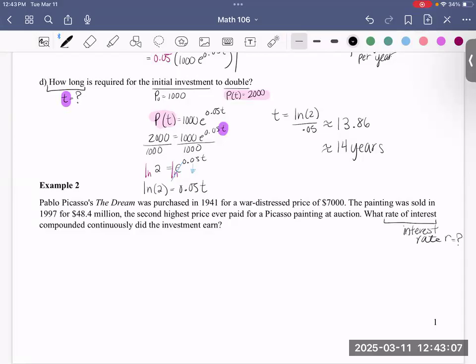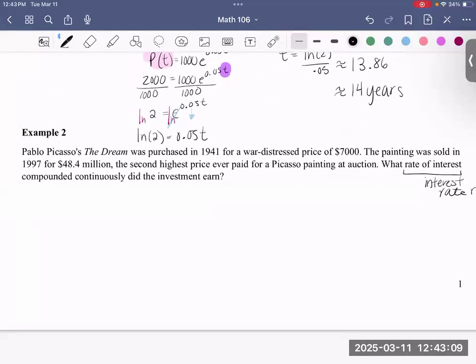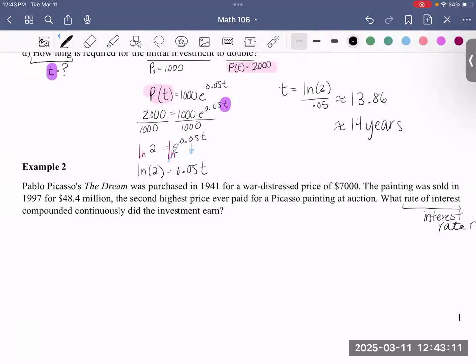So let's see what we have been told. One thing is that we can say, okay, for the year 1941, it was initially purchased. So we're going to use the time frame 0 here. This is year 0, when it was first purchased, and it was worth $7,000.